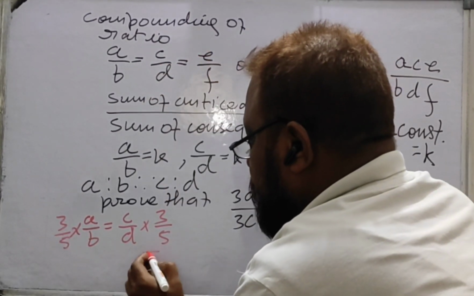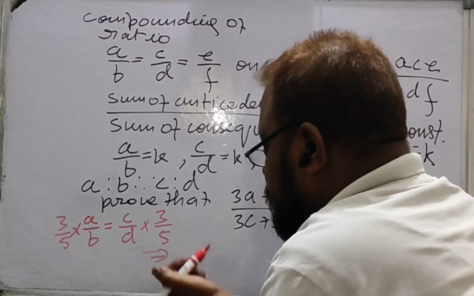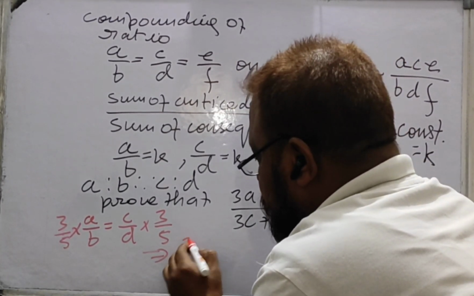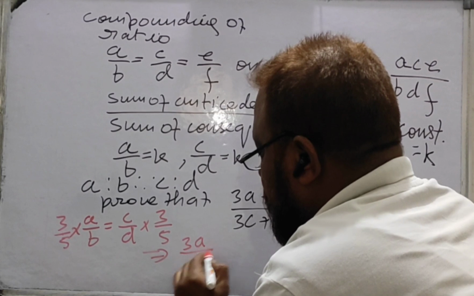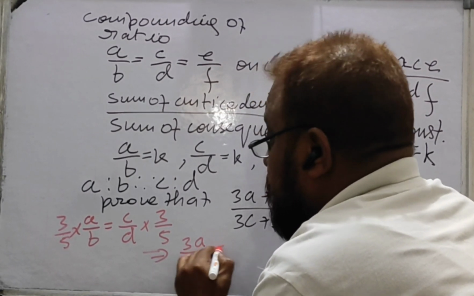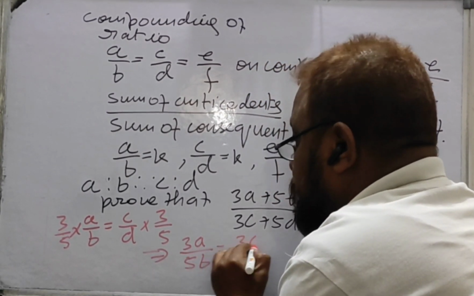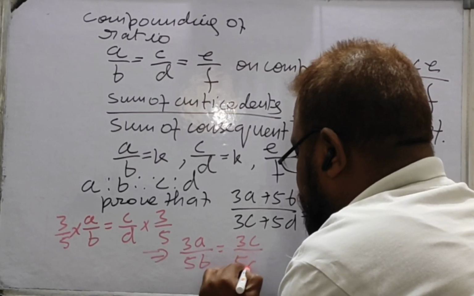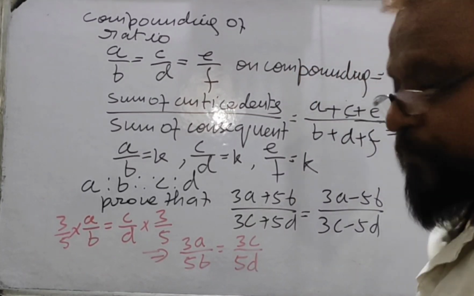So now you get 3a upon 5b is equal to 3c upon 5d, right?